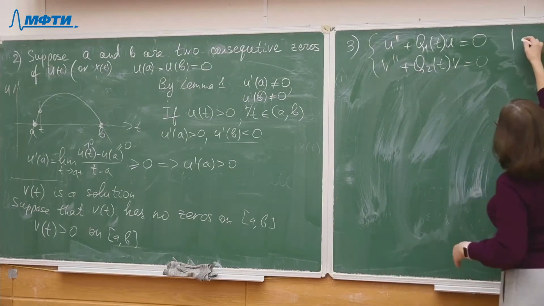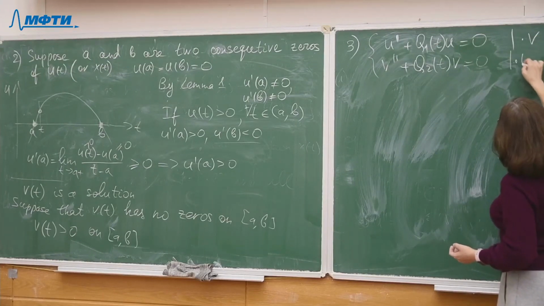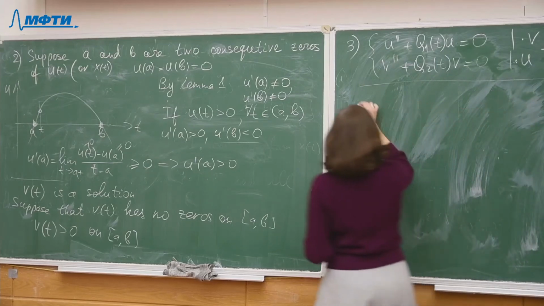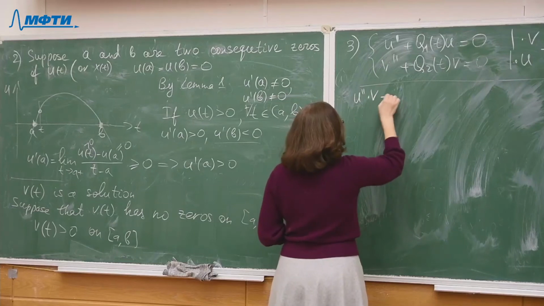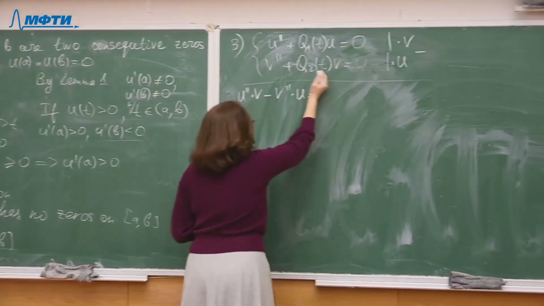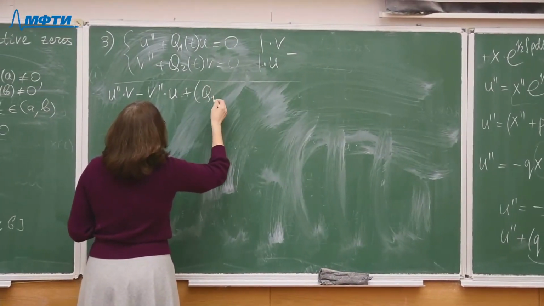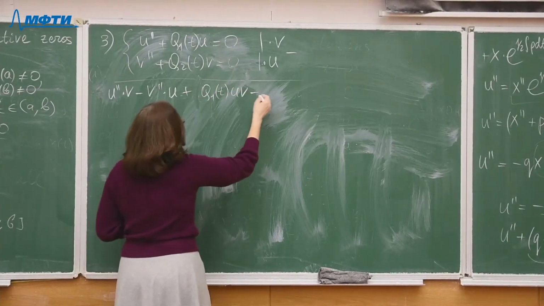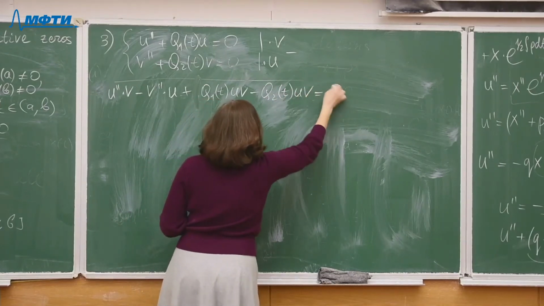And we will multiply the first equation by v, the second one by u, and subtract them. And we will get the following: u double prime v minus v double prime u plus q1 of t uv minus q2 of t uv equals 0.